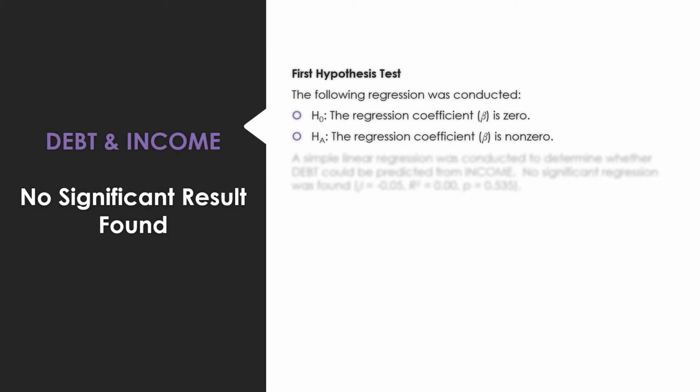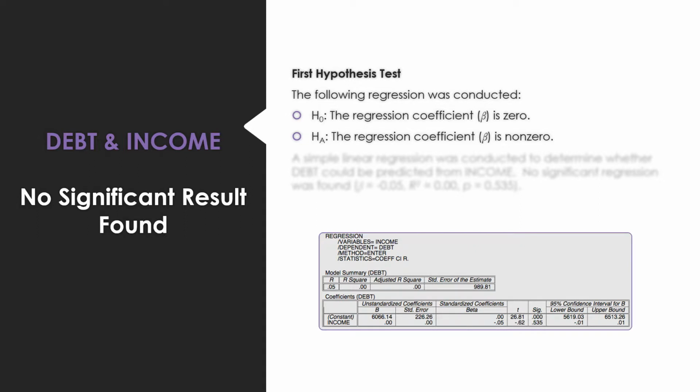For our first hypothesis test, the following regression was conducted. Null hypothesis: the regression coefficient beta is 0. Alternative hypothesis: the regression coefficient is not 0. A simple linear regression was conducted to determine whether debt could be predicted from income.